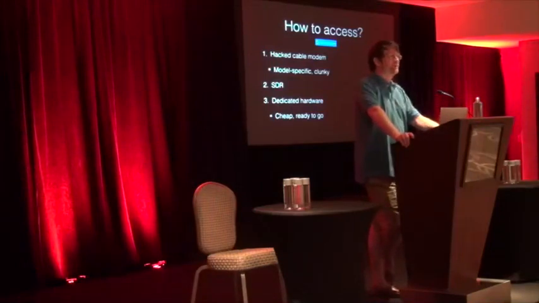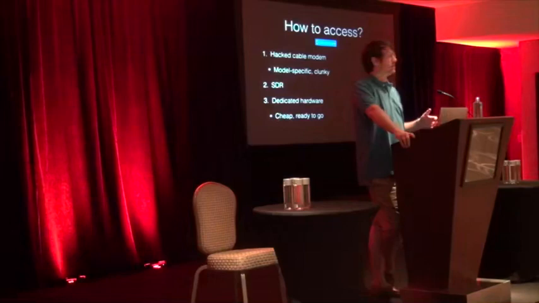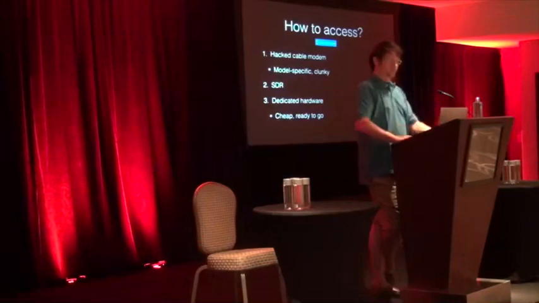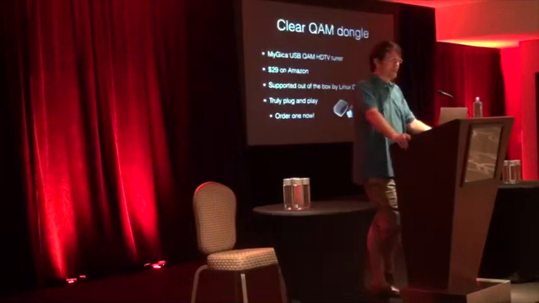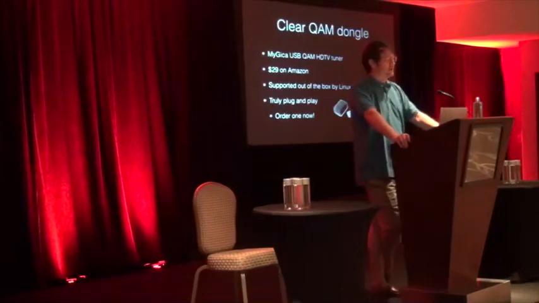The next option is an SDR, which is possible, but I went ahead and went with dedicated hardware because it's cheap on the market right now and it just works. So what I got is a clear QAM dongle. This pictured here is called a Mijka USB QAM HDTV tuner.